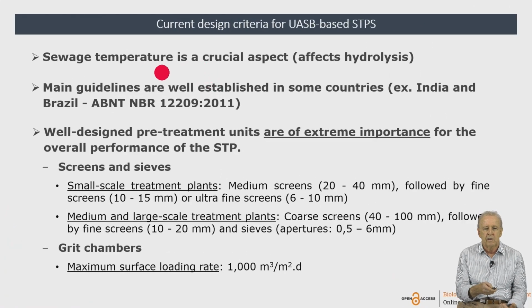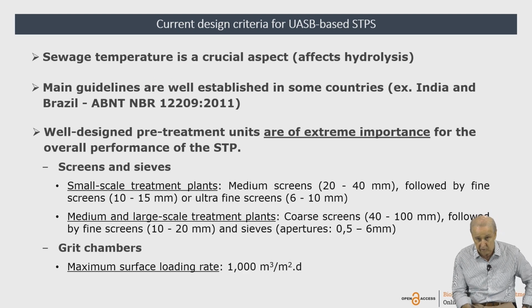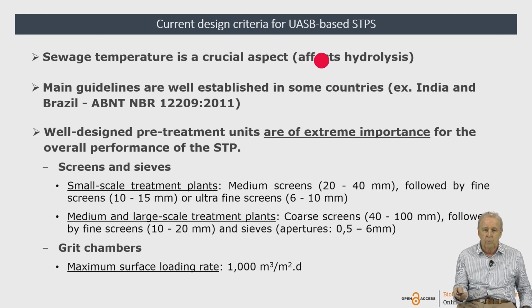The first one is sludge temperature. Sludge temperature is a crucial aspect because it affects hydrolysis. As we know, the hydrolysis phase, Julius has covered this in a previous lecture. Hydrolysis is very ineffective if the temperature is below 15, 18 degrees.